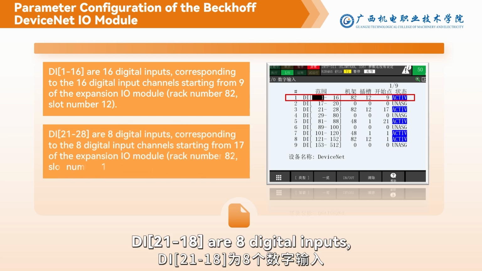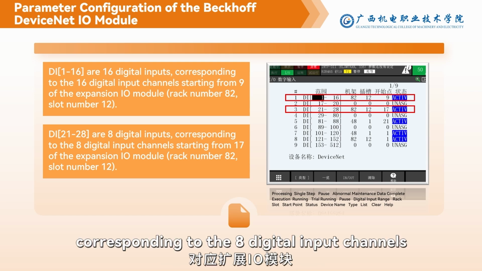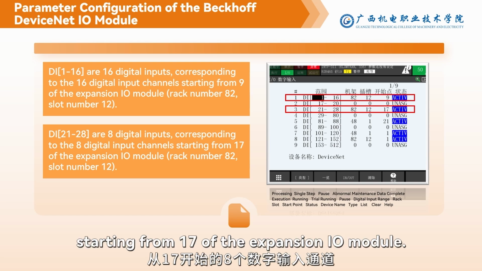DI 21 to 28 are 8 digital inputs corresponding to the 8 digital input channels starting from 17 of the expansion I/O model.